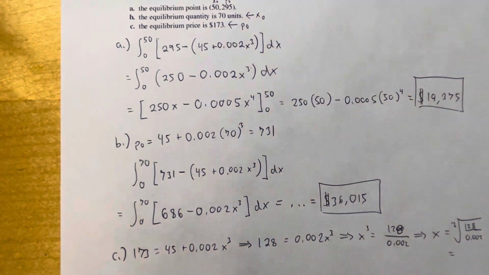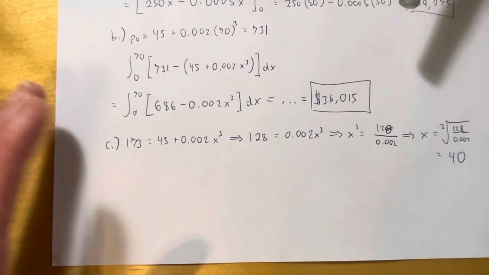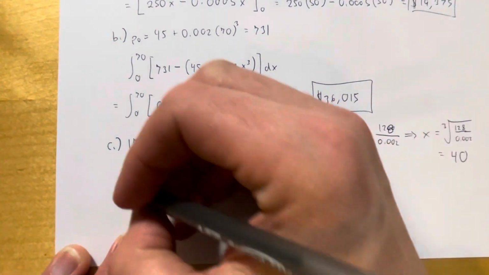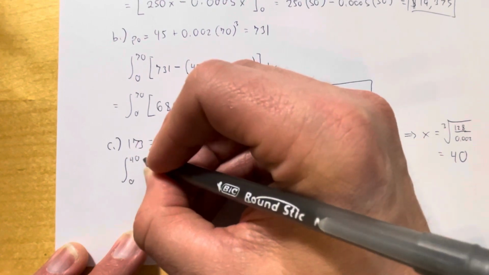This comes out to 40. So it took me a second to work that out. So that is our market quantity. That's X naught, or equilibrium quantity. So this goes from 0 to 40 now.